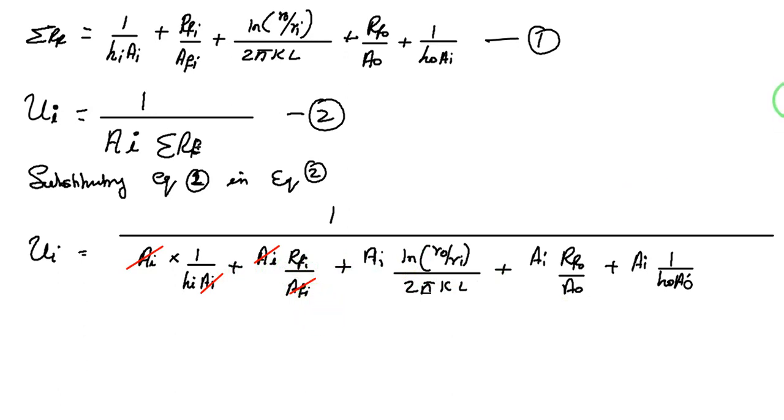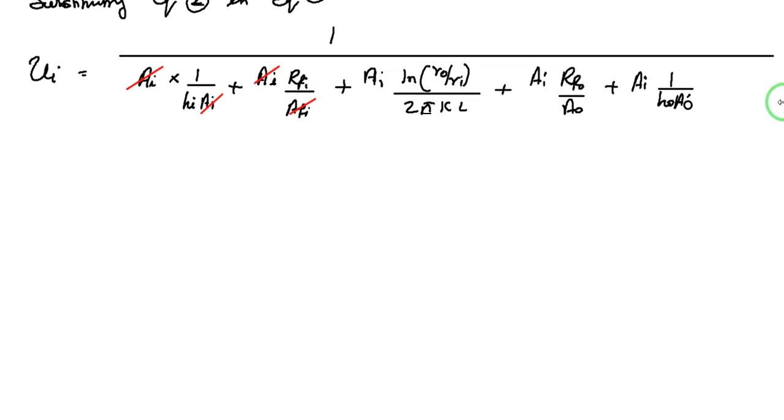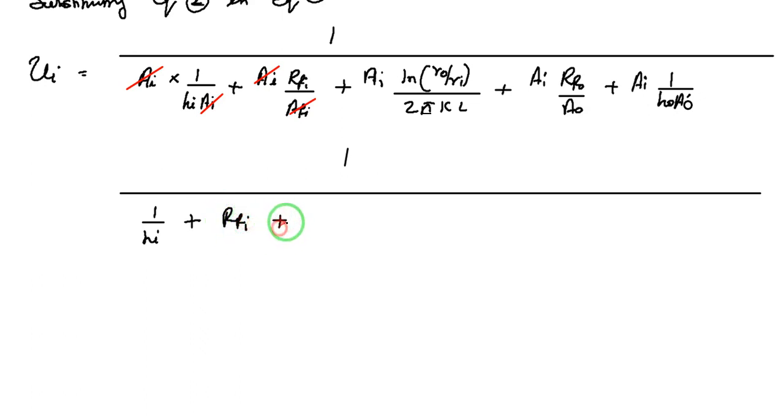So if I continue my derivation further, let me write everything in terms of diameter. I'll get an equation something like this. So 1 by 1 by hi plus rfi plus pi by 4 d square di square.